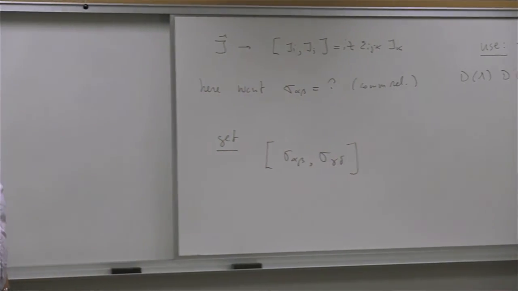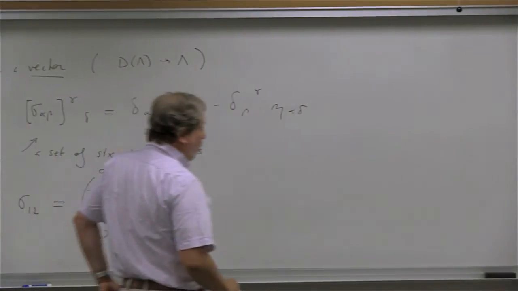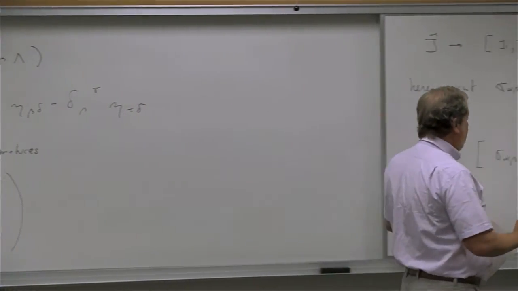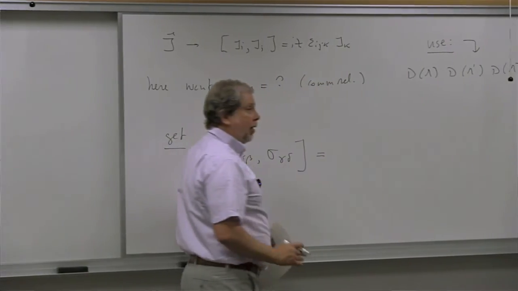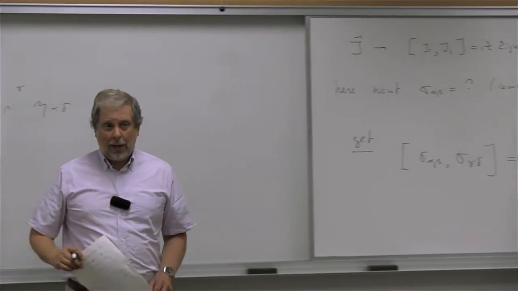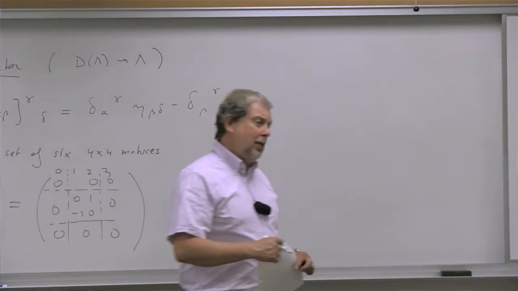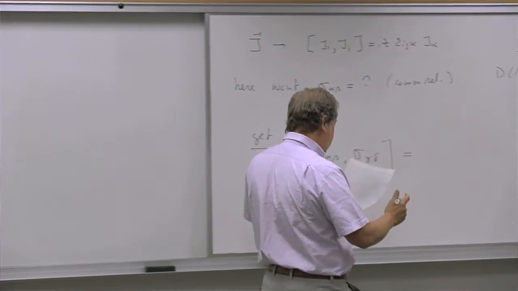Okay, and so the commutator of one of these sigmas with another one, well, we would love this to be just i times another one of these sigmas, and well, it is, but there's lots of terms.